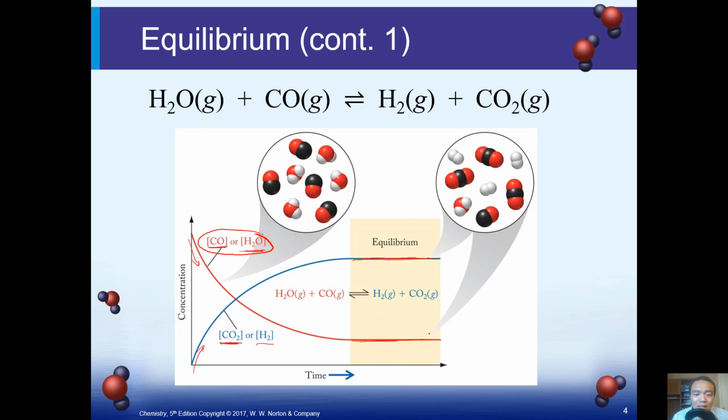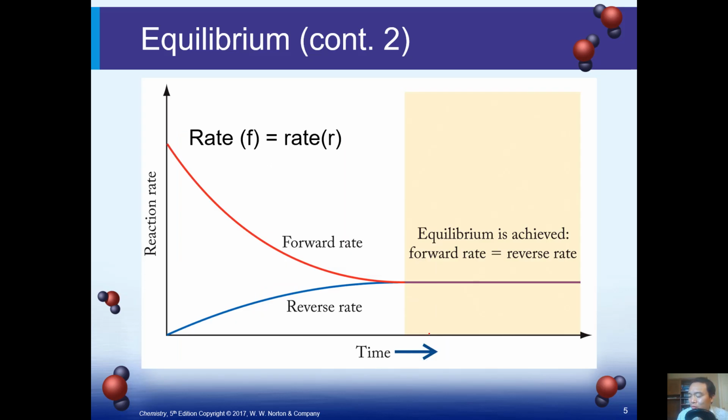We can also look at reaction rates. For the forward reaction, the reaction starts with a high rate, but it's going to drop because the concentrations of the reactants will decrease as the reaction goes on. At the same time, the rate for the reverse reaction will increase because the concentrations of the products increase.